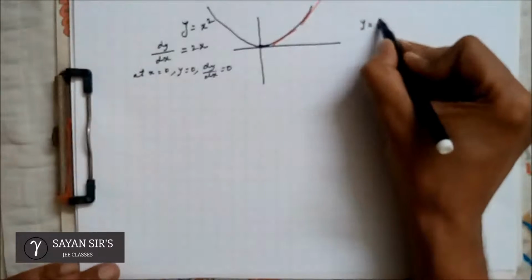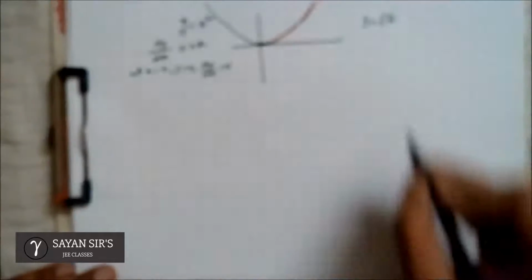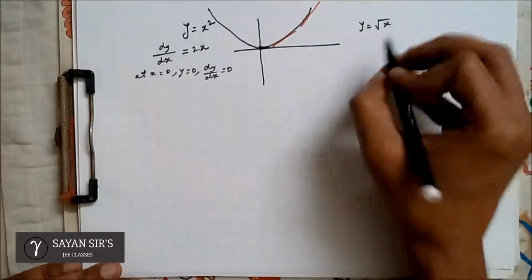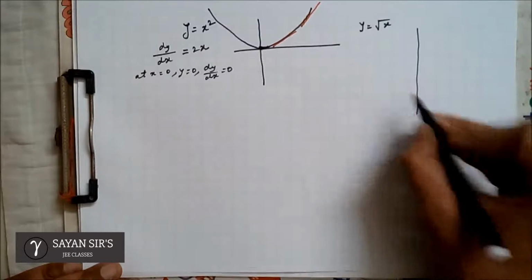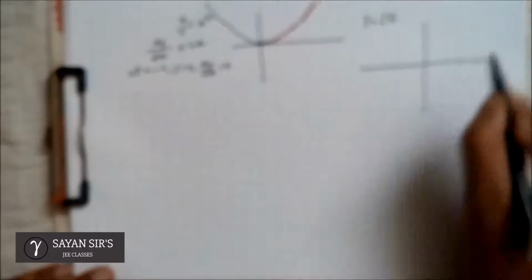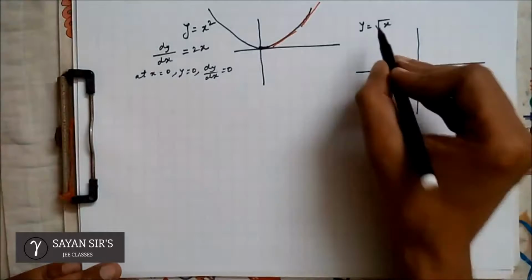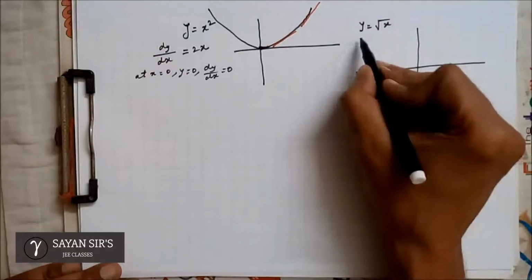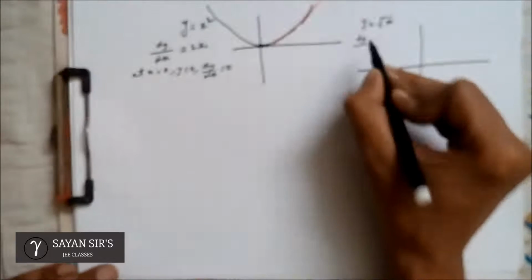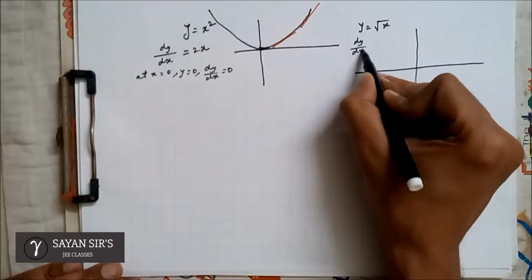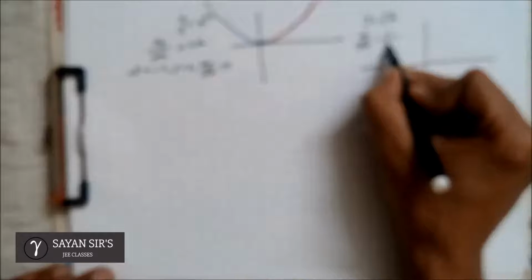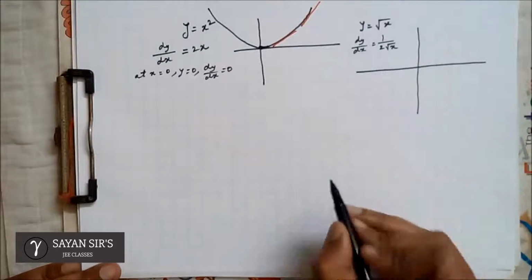Let us now draw the graph of y equals square root of x. If we first differentiate y, dy by dx will be 1 by twice the square root of x.